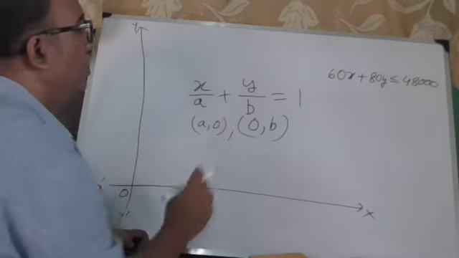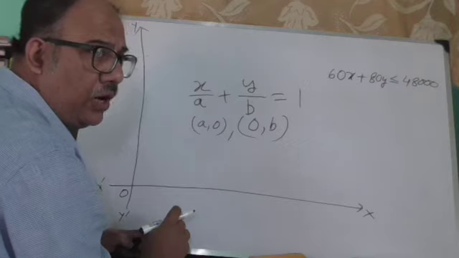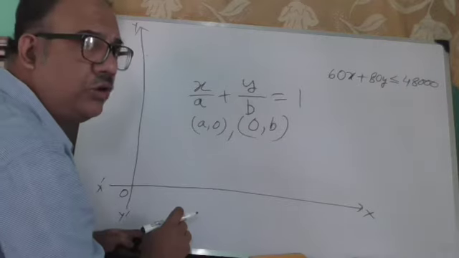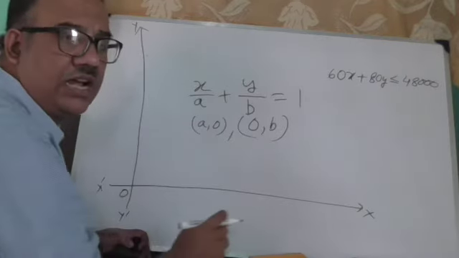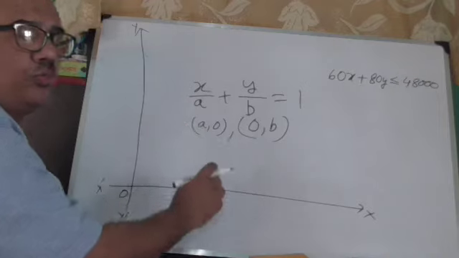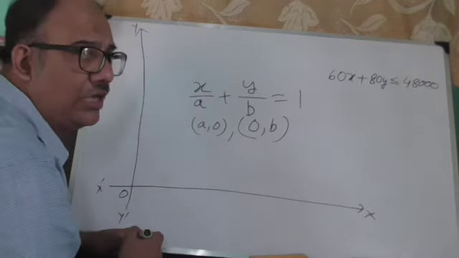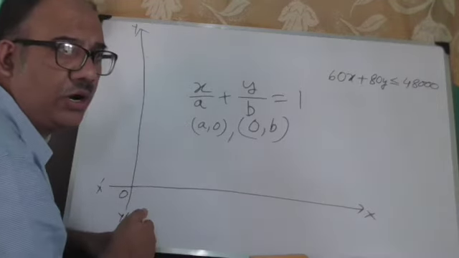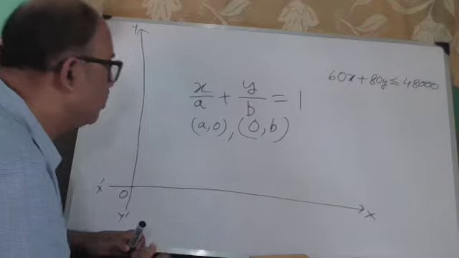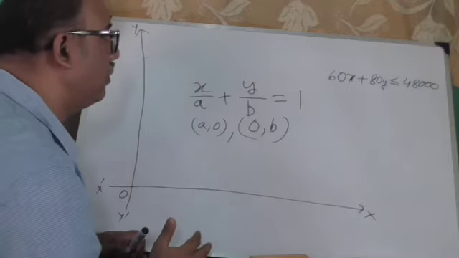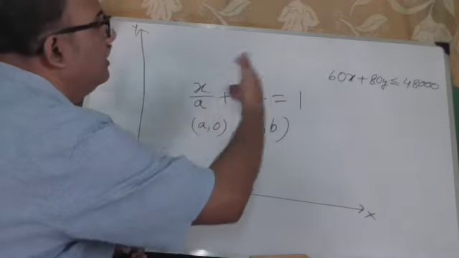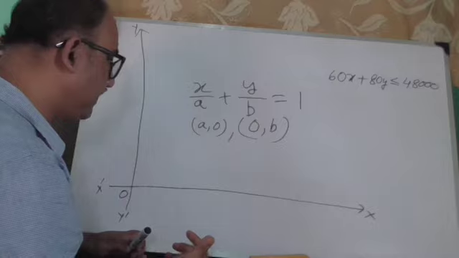If you can place the points (a, 0) and (0, b) on the graph, then the straight line will pass through those two points, as we know that we require only two points to draw a straight line. So (a, 0) and (0, b) are my required points. So we'll try to write the equation in that particular form.